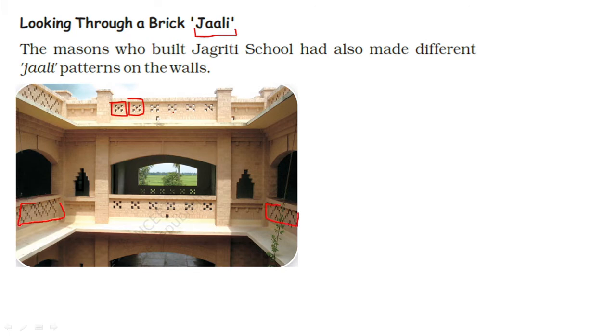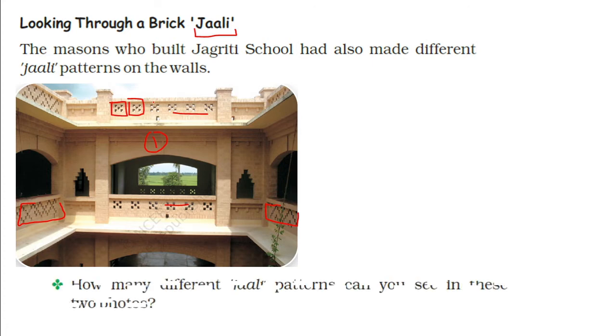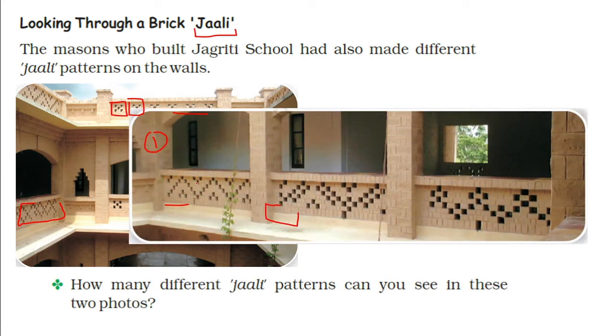So you can see this and this one type of jali, and let us see this picture in straight mode. Here you can see one pattern, 2 patterns, 3 patterns, and 1 pattern here. So in both pictures we have 4 types of jali.